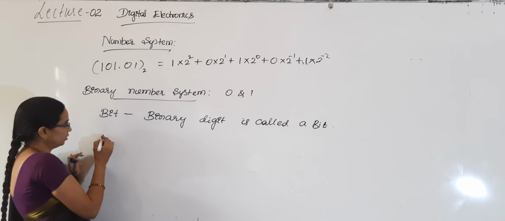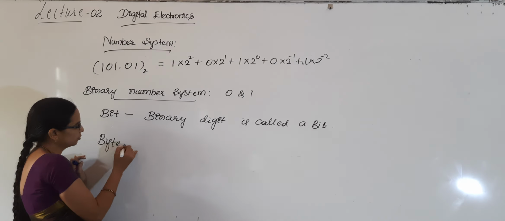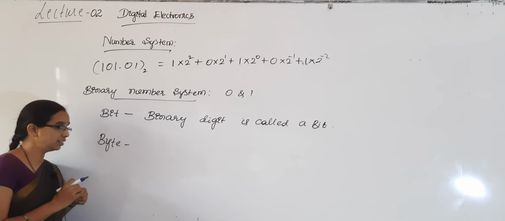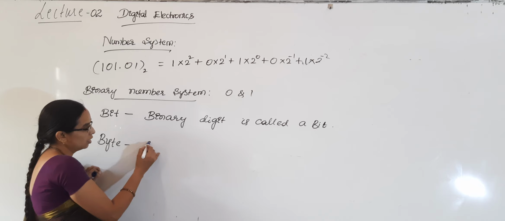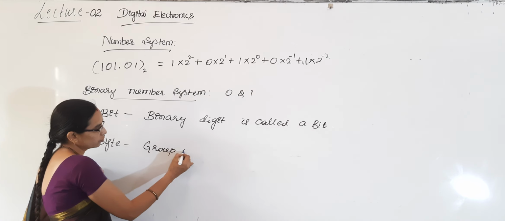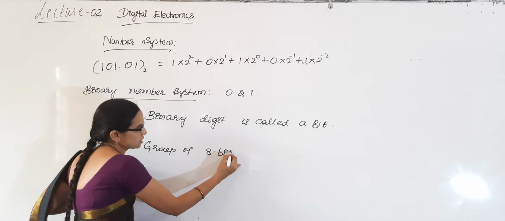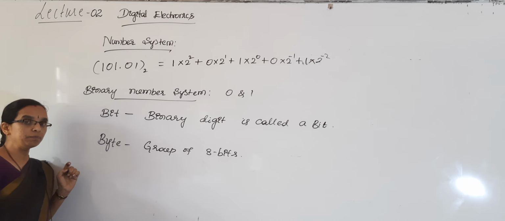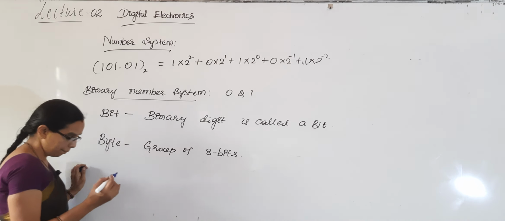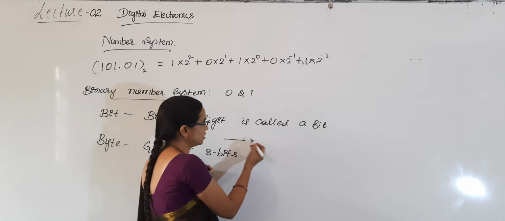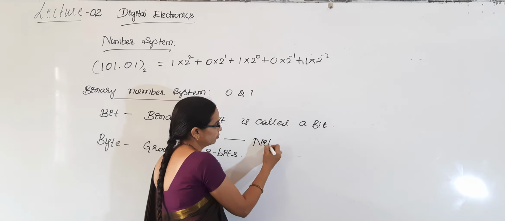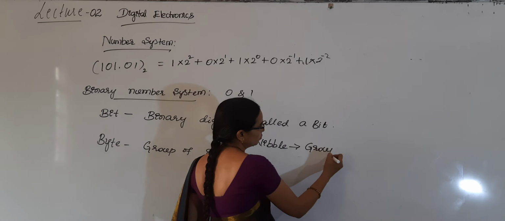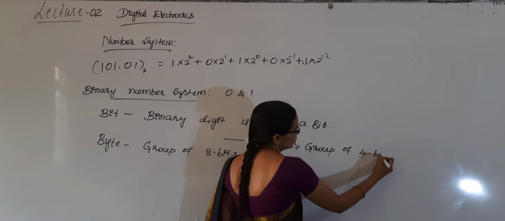Okay. And byte, you might have heard, gigabyte, terabyte, 1 GB, 2 GB, you might have heard. Byte in the sense, a group of 8 bits is nothing but a byte. In between this, we have a nibble, which is nothing but a group of 4 bits.